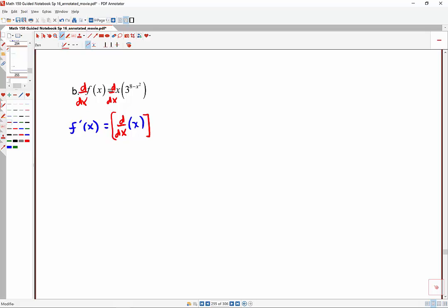And that's going to be multiplied by the exponential unchanged.